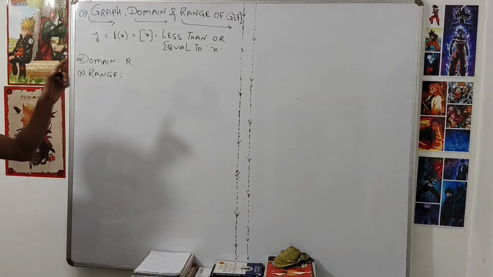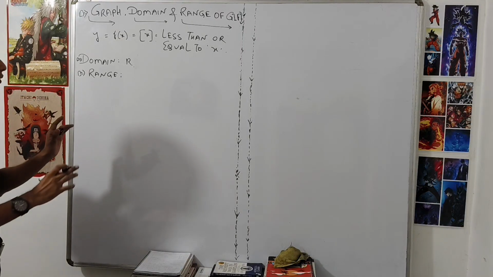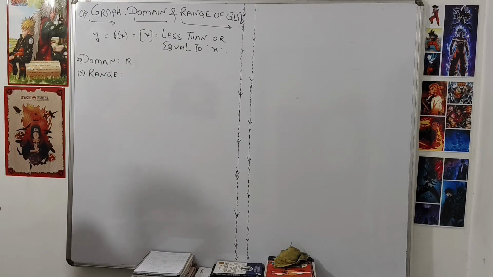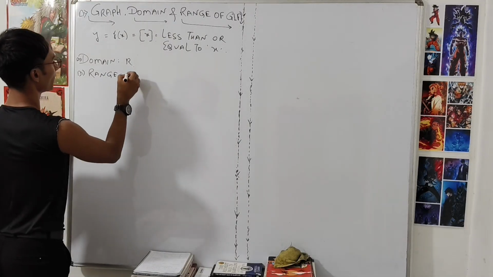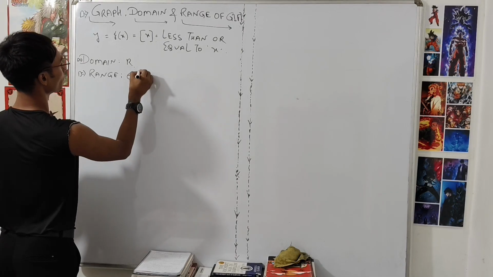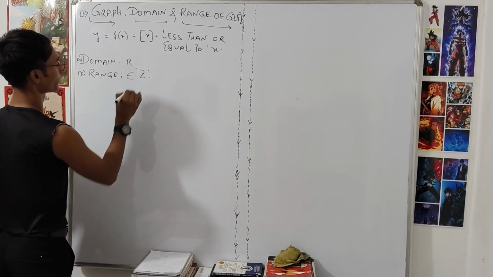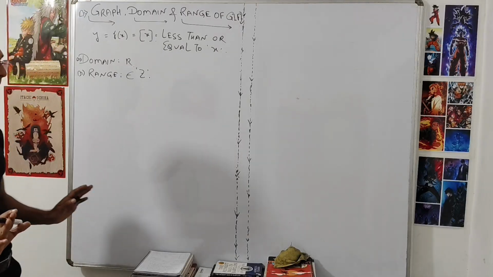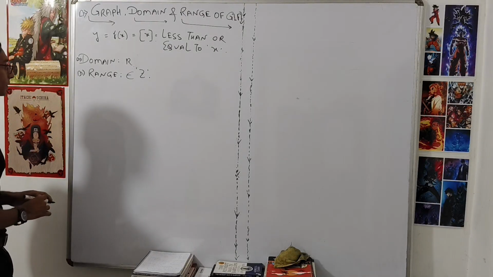If you put any values, root 2, root 5, root 7, e square, etc., you will always get an integer. So the range belongs to Z, that is a subset of integers. I hope you got this point.